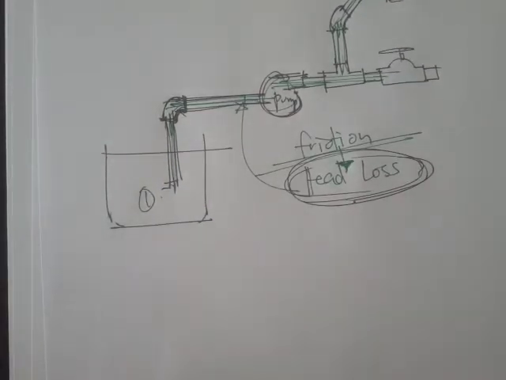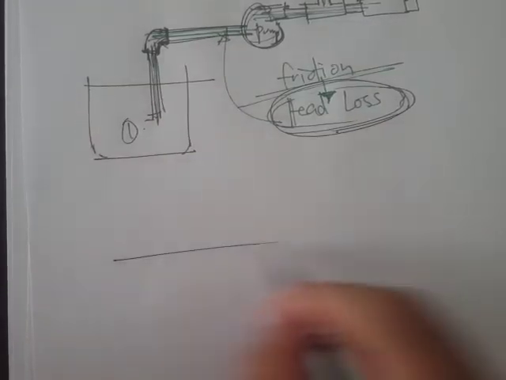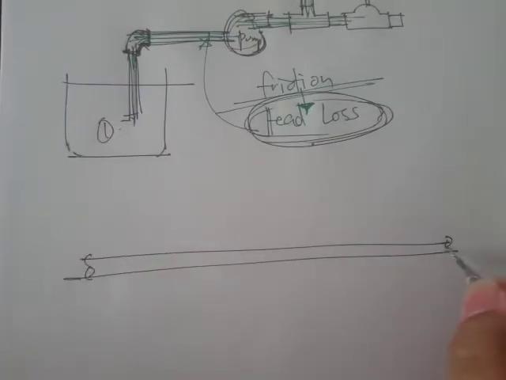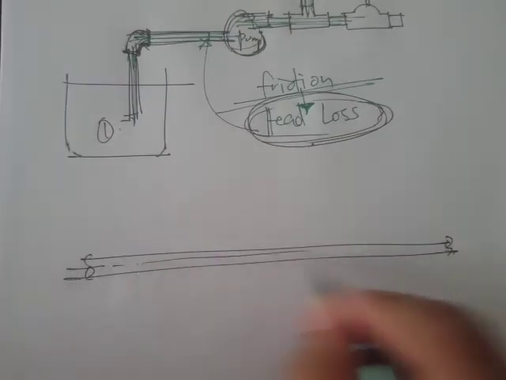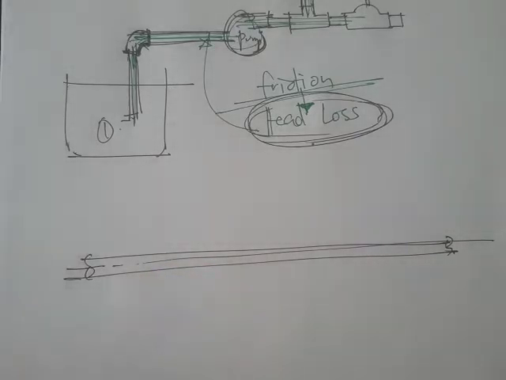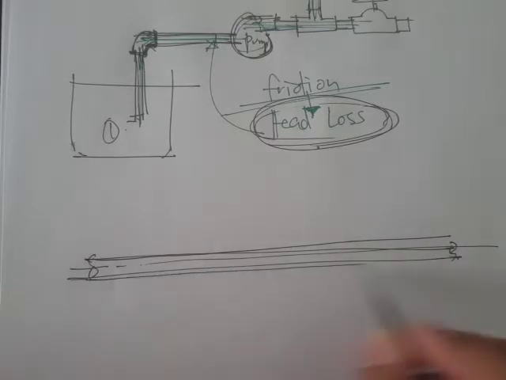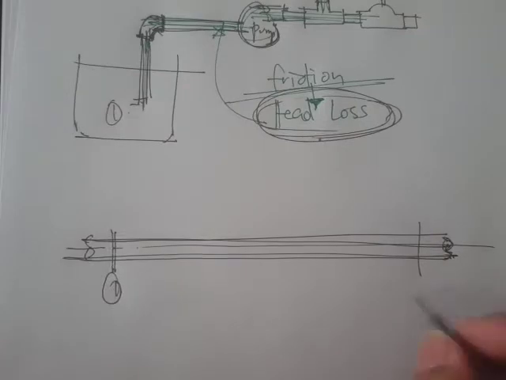Even in a straight, single pipe with a fairly long length, even though it does not include any fittings or valves, due to the fact that it is long, let's say this is our point 1 and this is our point 2.